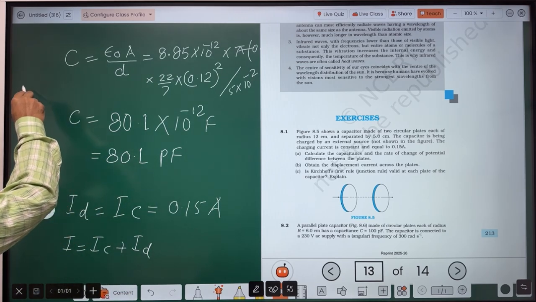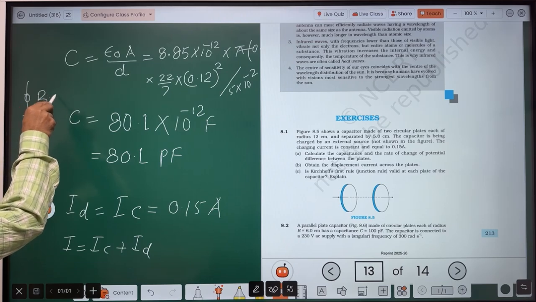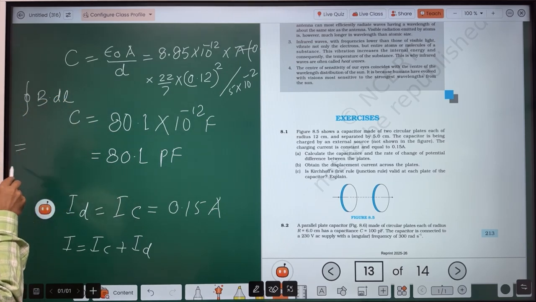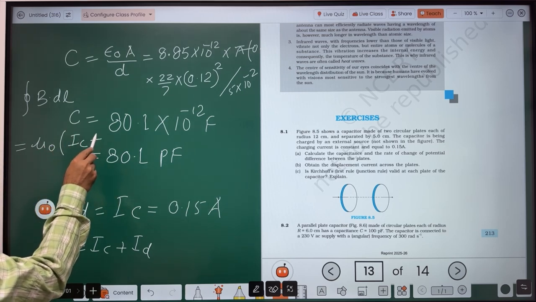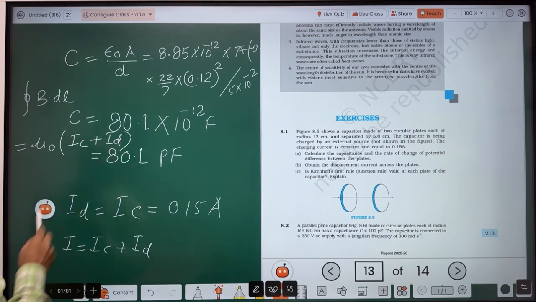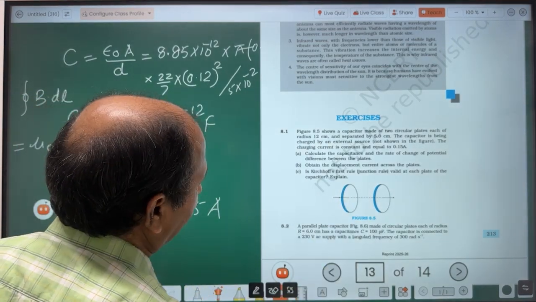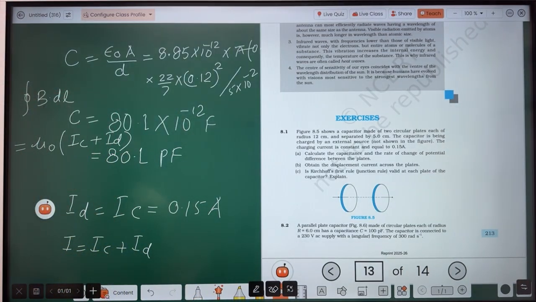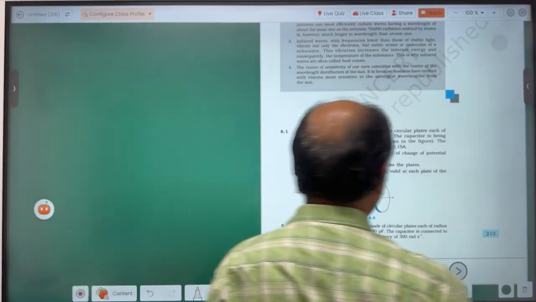When we modified the formula, we wrote integration B dot dl, the modified Ampere circuital law, equal to mu naught then IC plus ID. So Kirchhoff's junction rule is valid, right?